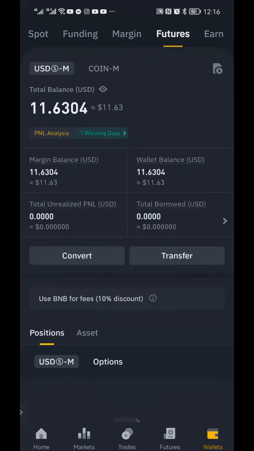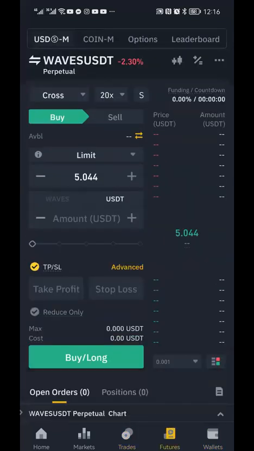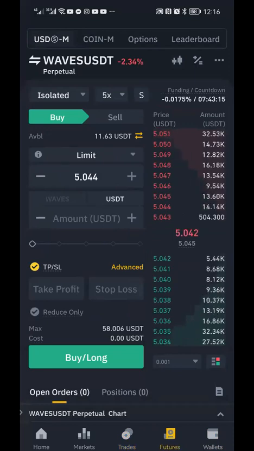So we have ways to trade on Binance. We have the spot trading, which you'll do here. Then we have the futures trading, which you do here. Now, when you come to the futures, a signal is given to you. Okay. So what do you have to do?